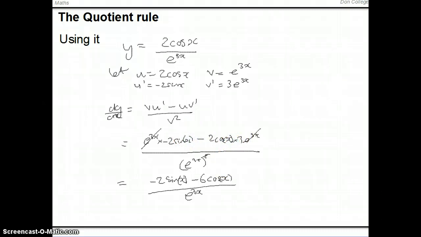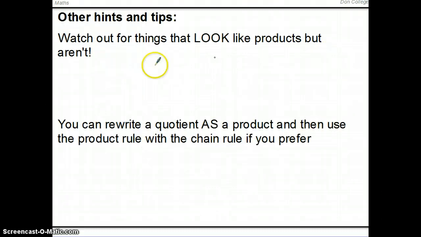Okay, now some things to look out for, things that look like products but aren't. So a common trap for people to fall into is thinking that this is a product rule, and it's not. It's cos of e to the 3x. So you've got to be careful here. That's going to be a chain rule. It's a function of a function, not a function times a function.